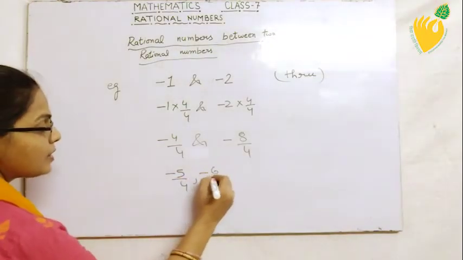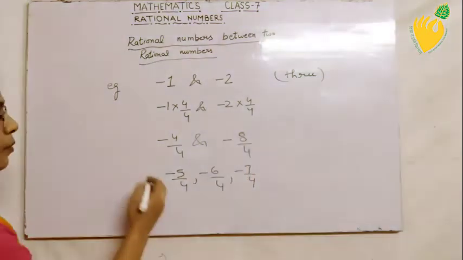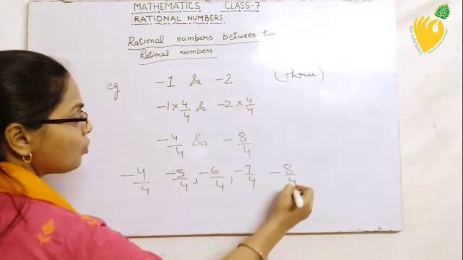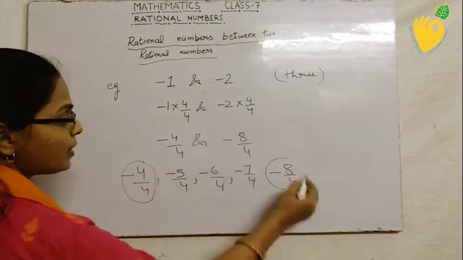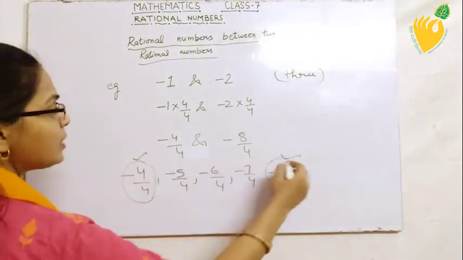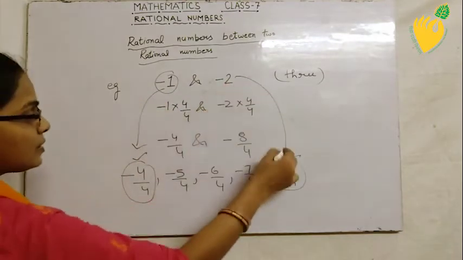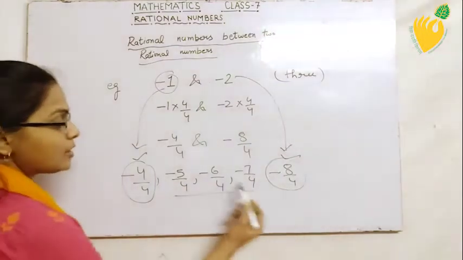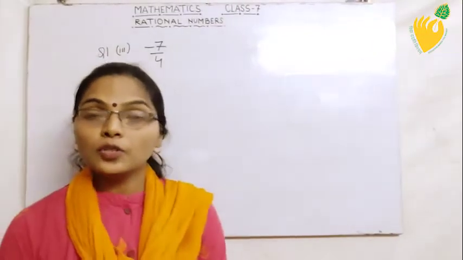Minus 5 upon 4, minus 6 upon 4, minus 7 upon 4, and minus 8 upon 4 is already there. So what are the three rational numbers between minus 4 upon 4 and minus 8 upon 4? Minus 4 upon 4 is nothing but minus 1 and minus 8 upon 4 is minus 2. So students, these are the three rational numbers between these two numbers.